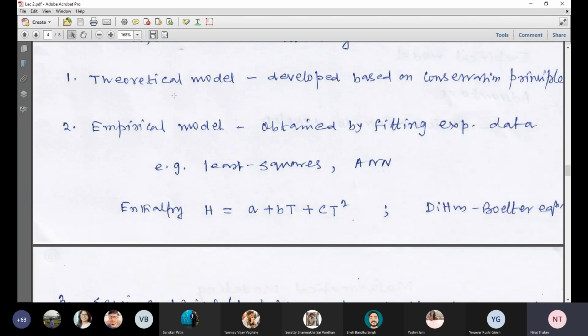Fine. The explanation is somewhat like this. For the empirical model, you are using an input-output data set. Suppose you have taken an input-output data set for a particular condition, and based on that you have developed the empirical model. Now, whenever you use that empirical model at a different operating condition, you may not get a satisfactory result. Empirical model is developed based on the input-output data set for certain conditions.